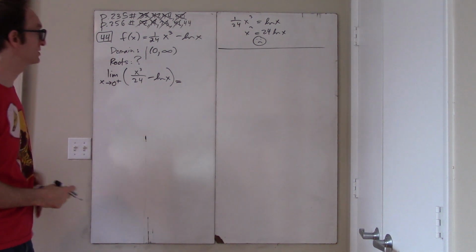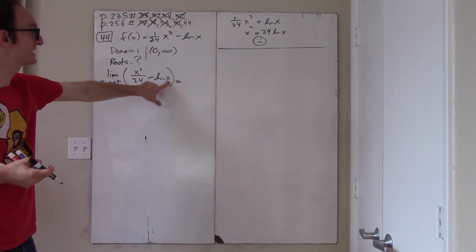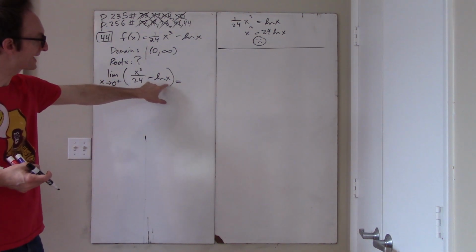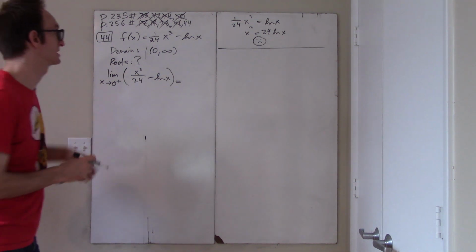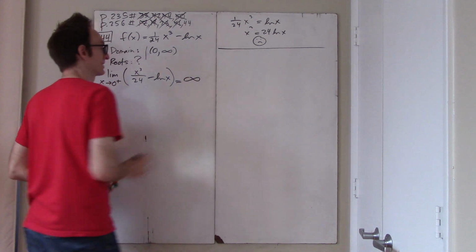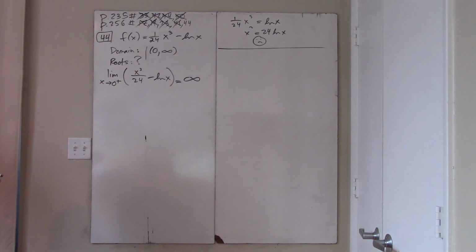When you take the natural log of a tiny, tiny number, it's a huge negative, so this is going to go to infinity. And this is basically just 0. This is very relevant when it comes to curve sketching, that the limit as x approaches 0 from the right is going to be infinity.